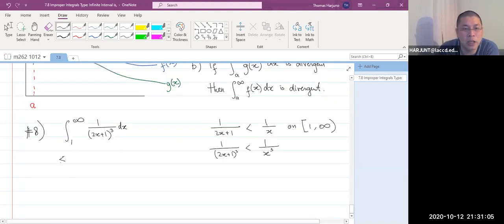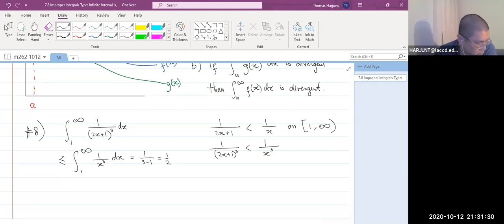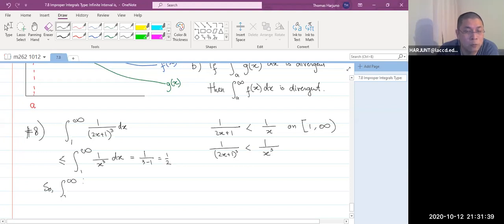So this is less than or equal to the integral from 1 to infinity of 1 over x cubed dx. And we know this is convergent. In fact, we can say this is 1 over 3 minus 1. Right? So, the integral from 1 to infinity of 1 over (2x plus 1) cubed dx is convergent.